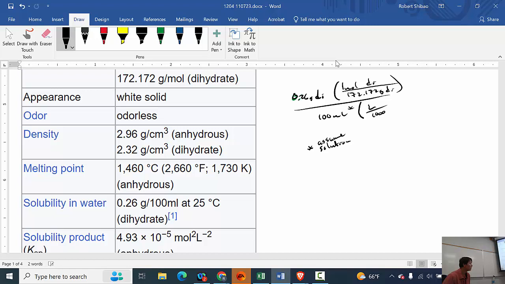Convert that to liters. All right, what's the molarity that you calculate here? Somebody calculate that for me. I should run my calculator.